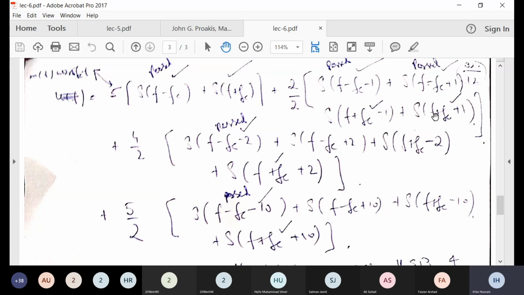Now these two will also be passed, and they will still be passed when they are lying in the lower sideband, because we have to pass the first frequency of the lower sideband.